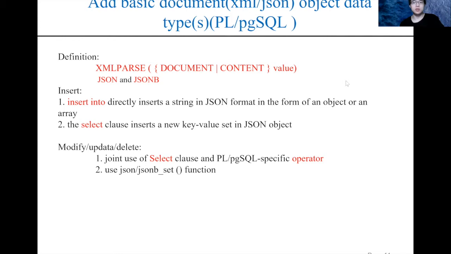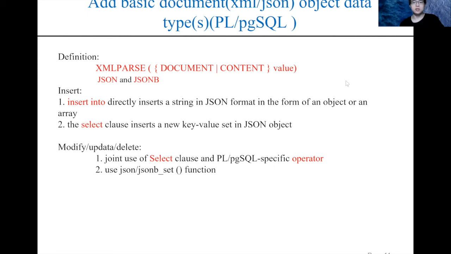PostgreSQL offers two types for storing JSON data, JSON and JSONB. They accept almost identical sets of values as input. The major practical difference is in efficiency.